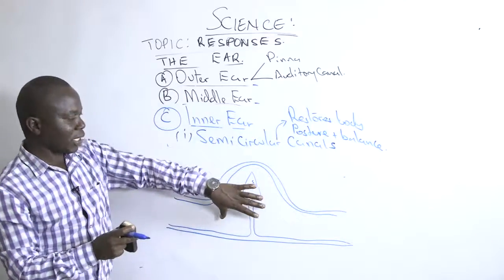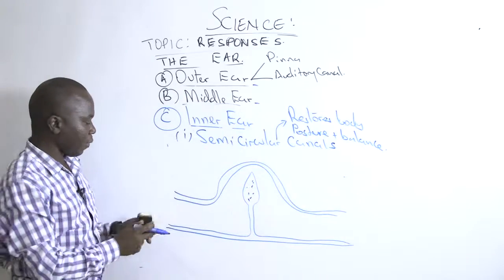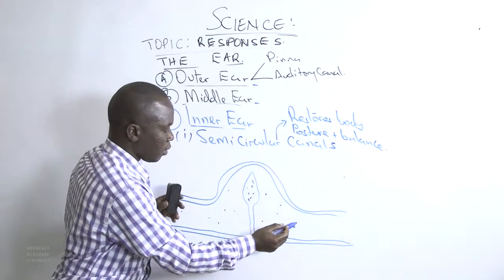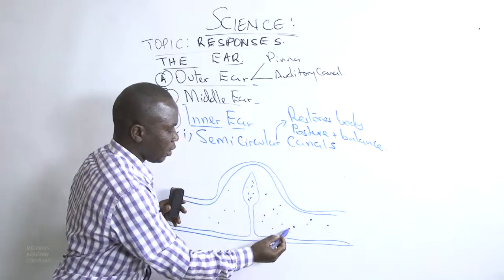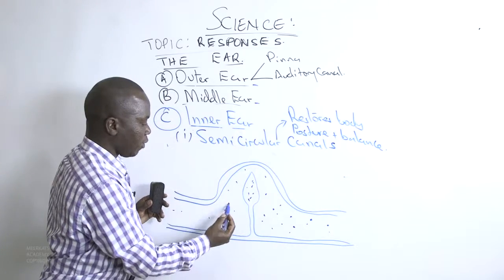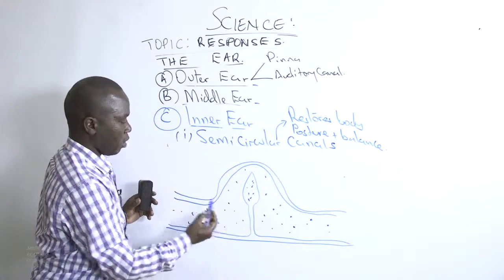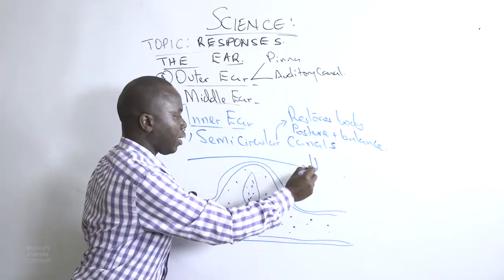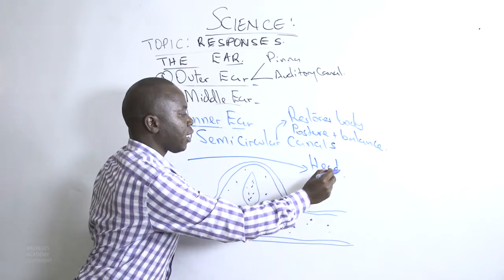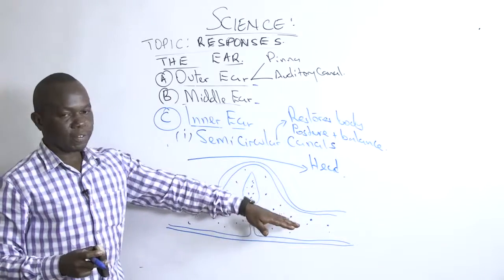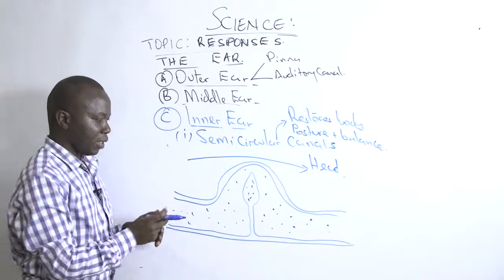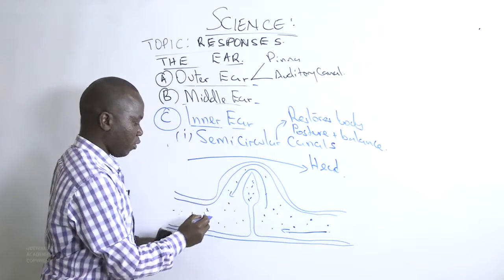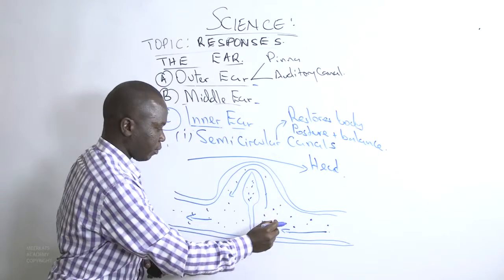So this is a section of the semicircular canal. It has fluids, specifically the perilymph. If your head is moving in this direction, this fluid usually moves in the opposite direction. This will be the direction of the fluids.